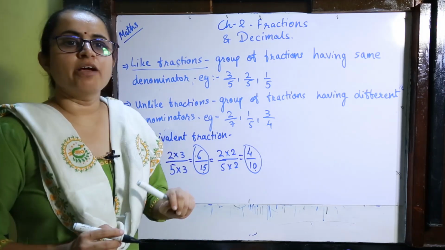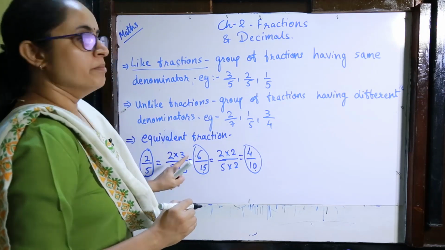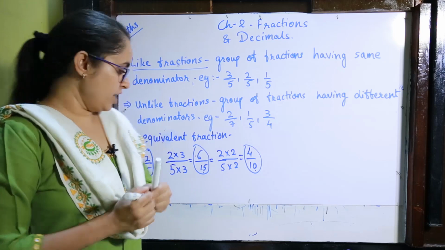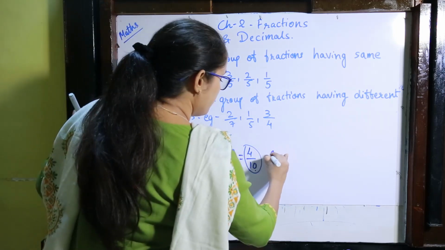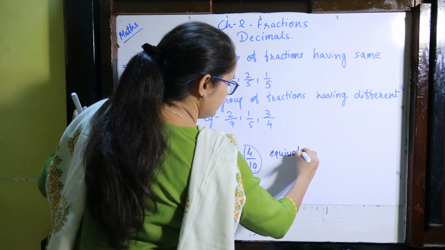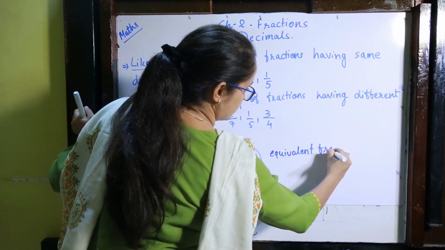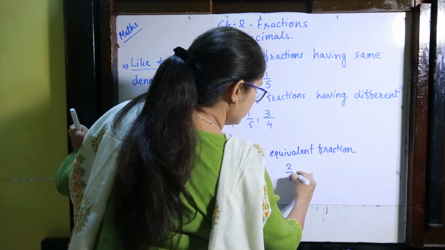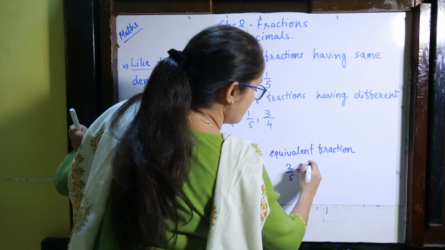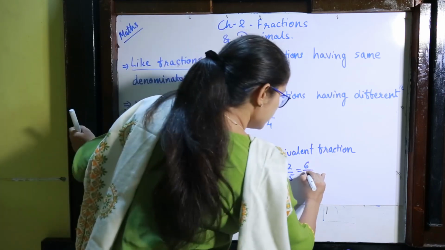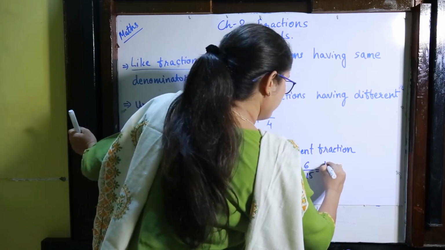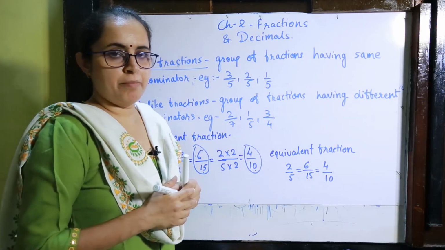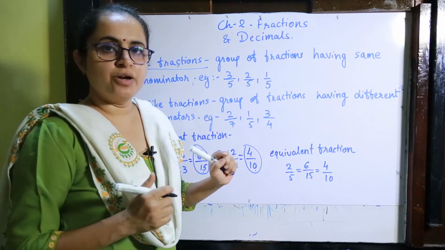That means to get equivalent fractions, you must multiply the numerator and denominator with the same number. So you can write 2 upon 5 equals 6 upon 15 equals 4 upon 10.